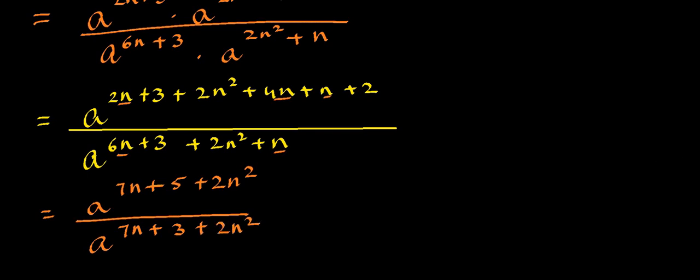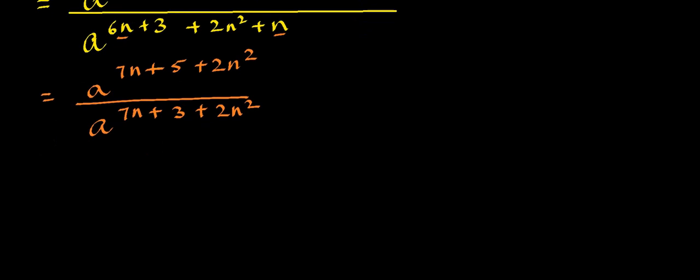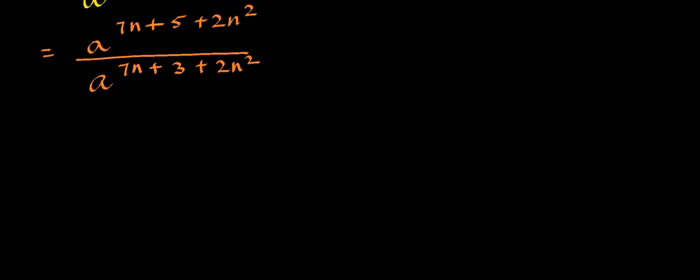Okay, now let's do the common bases, so we do the division part. What do we have here? That is equal to a raised to 7n plus 5 plus 2n square. Now I will write in the bracket because I don't want to confuse you all.